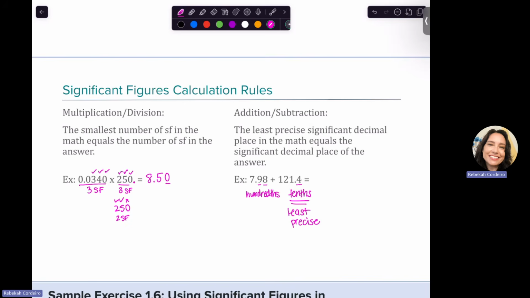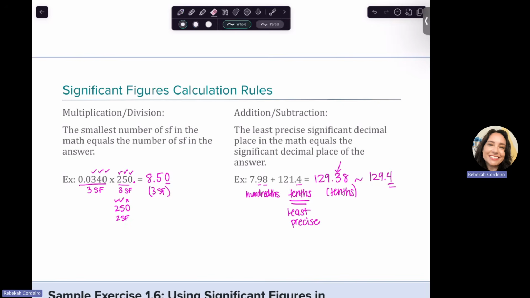So my answer has to go to the tenths place, or 1 digit after the decimal. So I get 129.38, but I need to round it to the tenths place. So I'm going to round it to 129.4.